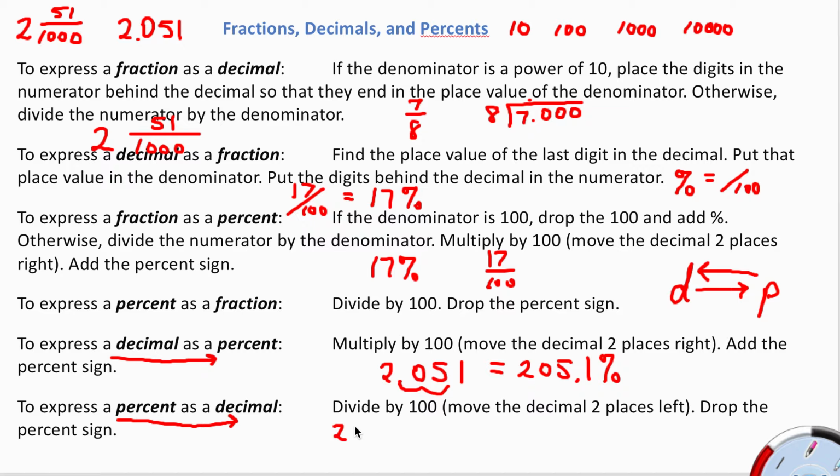If it started as the percent, then now I'm starting with the percent, a P. I want to go backwards to get to the decimal, so I would move it 2 places this way, 2.051. And don't forget to drop that percent sign because I've changed it to a decimal number now.